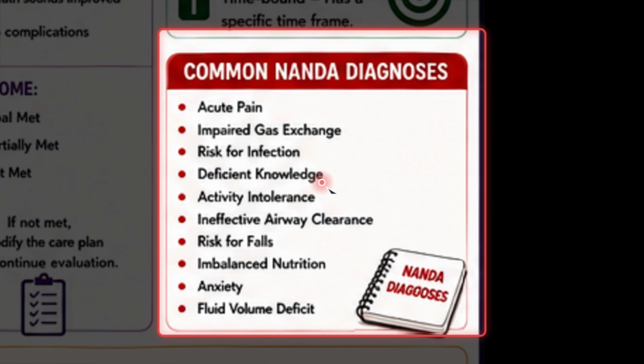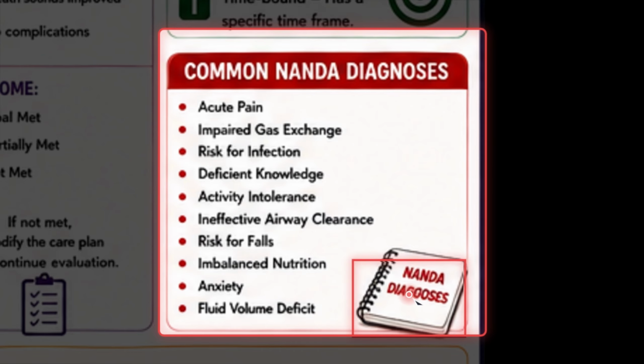Fifth, activity intolerance, characterized by insufficient physiological energy to complete daily activities. Sixth, ineffective airway clearance, the inability to clear secretions to maintain a patent airway. Seventh, risk for falls, crucial for safety management in elderly or confused patients.